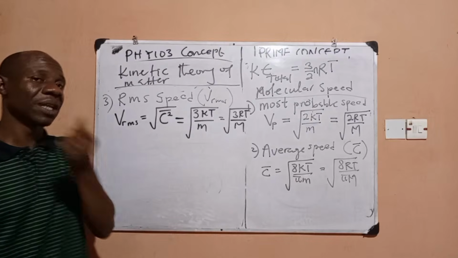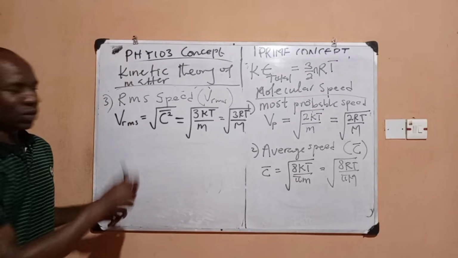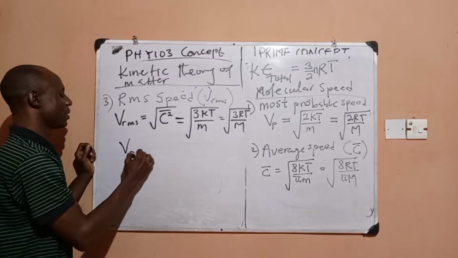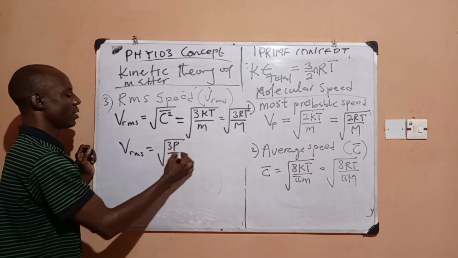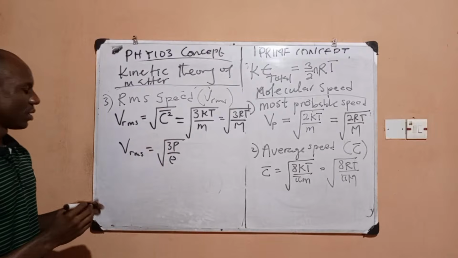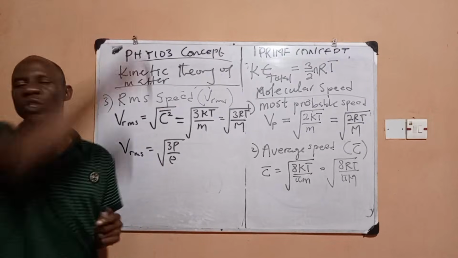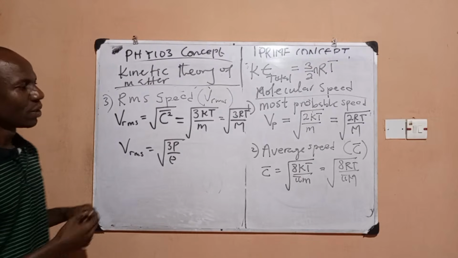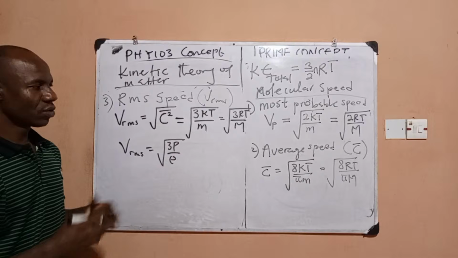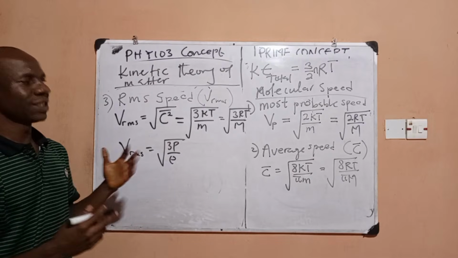Remember, I've given you another formula for RMS speed before: RMS speed is equal to square root of 3P over rho. So this is also a formula for RMS speed. Looking at these formulas, you may want to ask which one of them is the biggest.